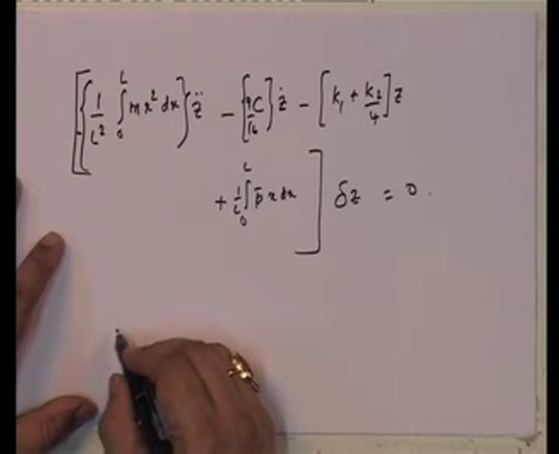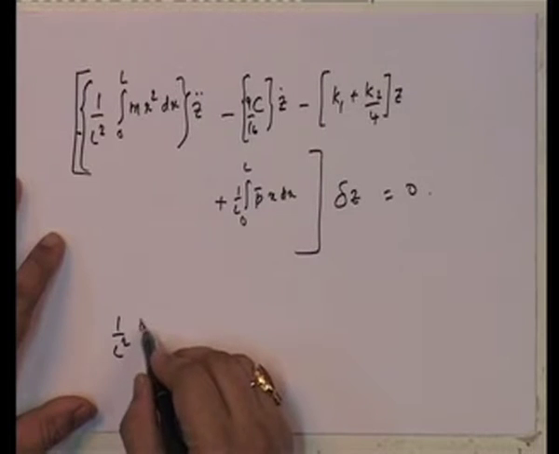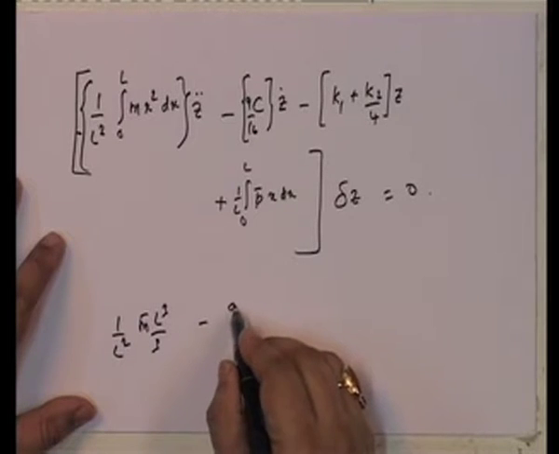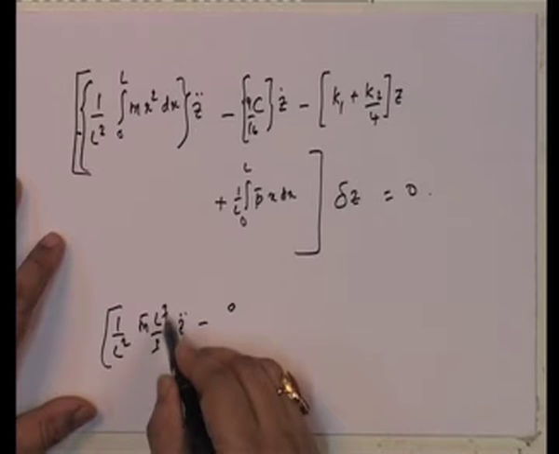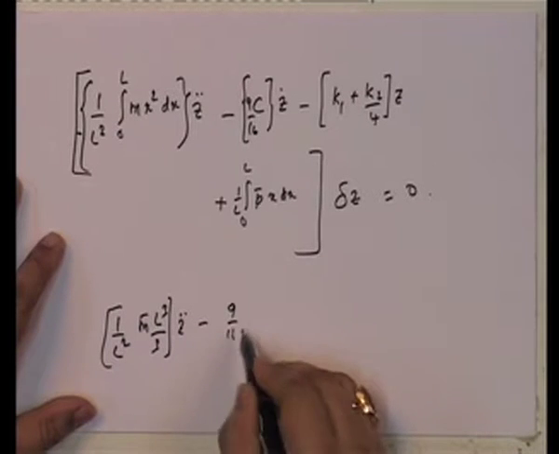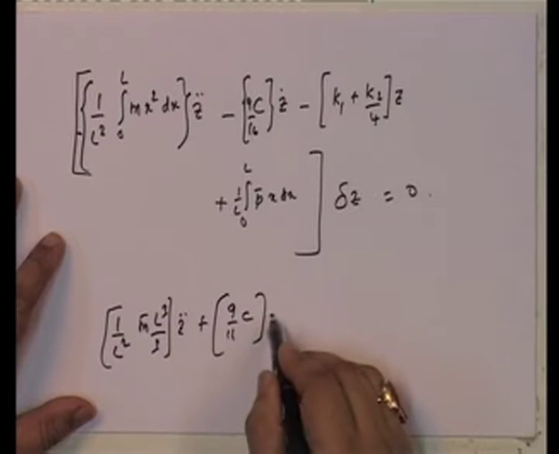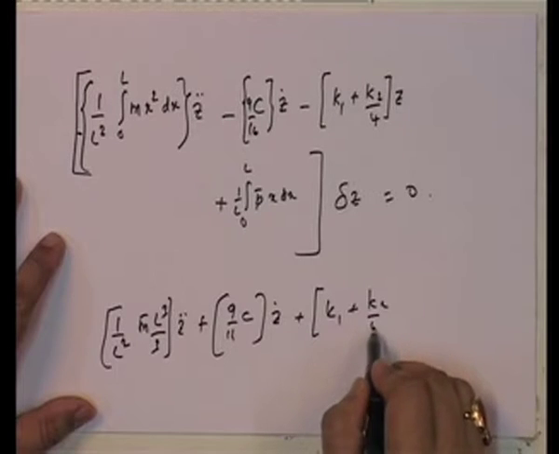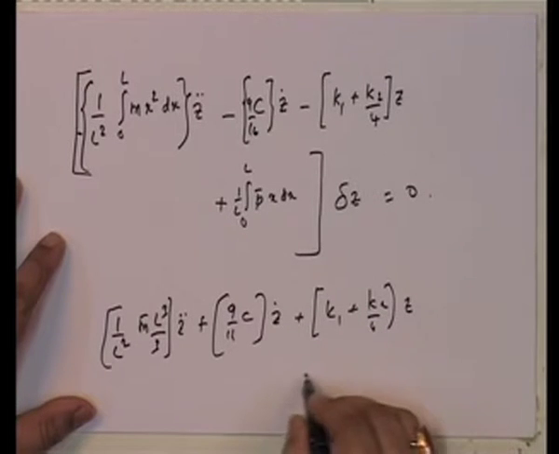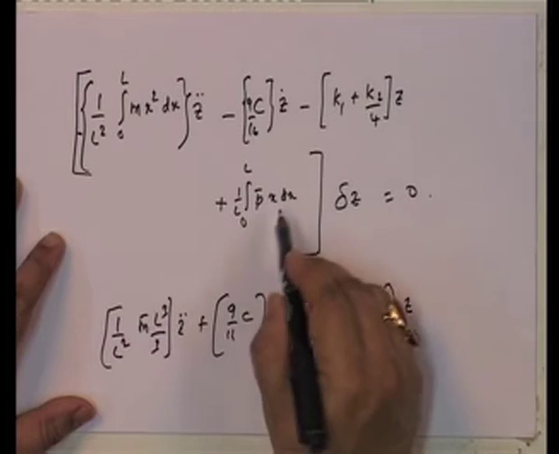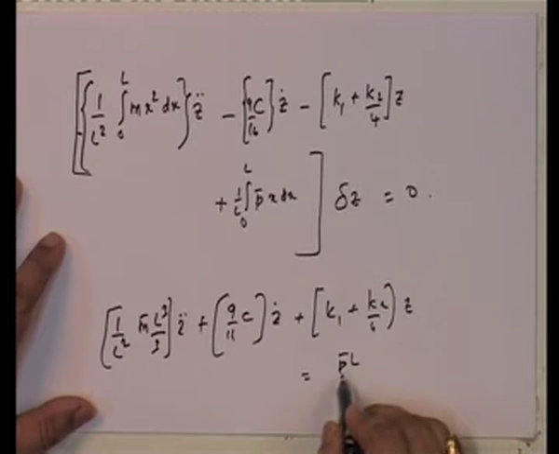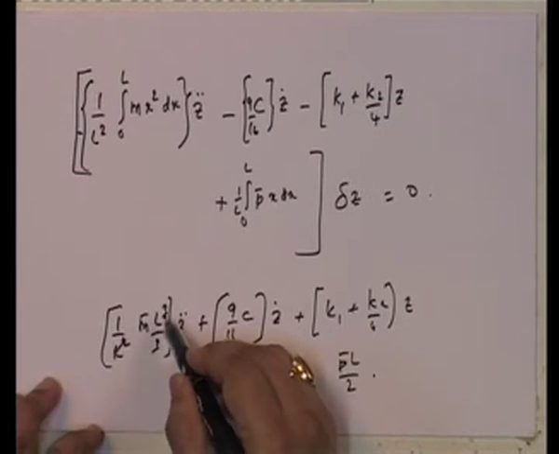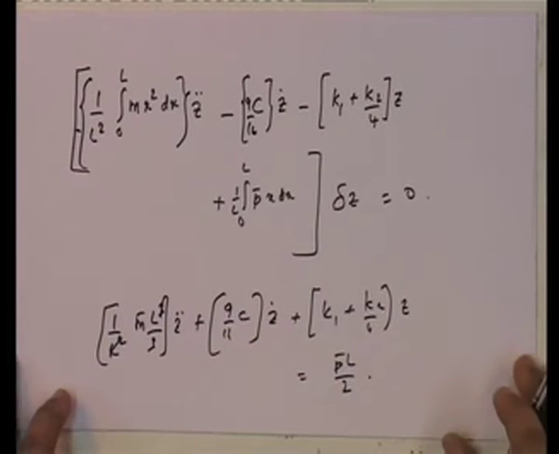I get 1 upon L squared, m bar L cubed by 3, z double dot, plus 9 by 16 c z dot, plus K1 plus K2 by 4 z, is equal to p bar L upon 2. And so, this L squared goes, and it becomes m bar L upon 3.